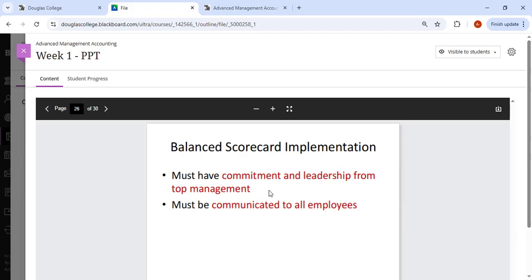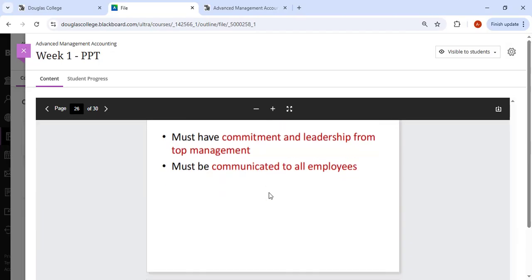And then once we have that support, we have to communicate it to all the employees across the organization, so they actually understand what we're trying to achieve, so they can be on the same page and we can work together. The other thing is that you have a goal, you have a mission to chase.